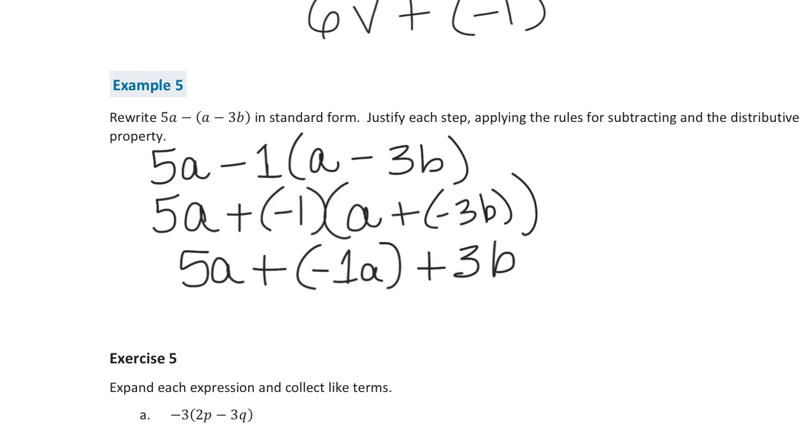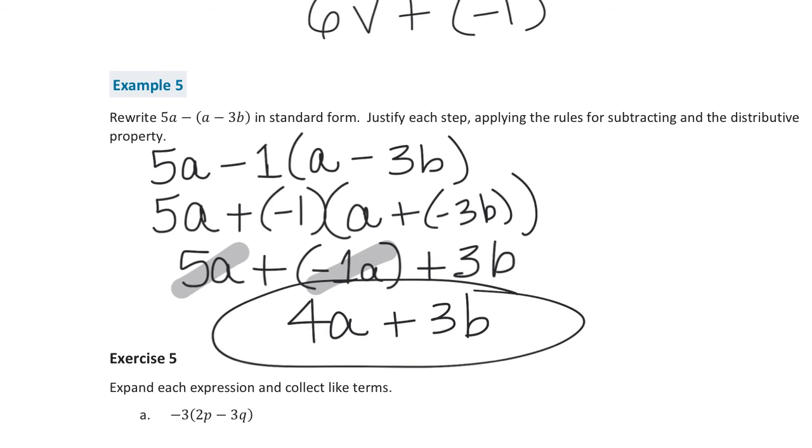Now I can combine this term and this term together, but I cannot combine the other one with them because a's don't combine with b's. It's like apples and oranges. They're two different things. So 5a plus negative 1a is 4a plus 3b, and that is as simplified as we can make it.